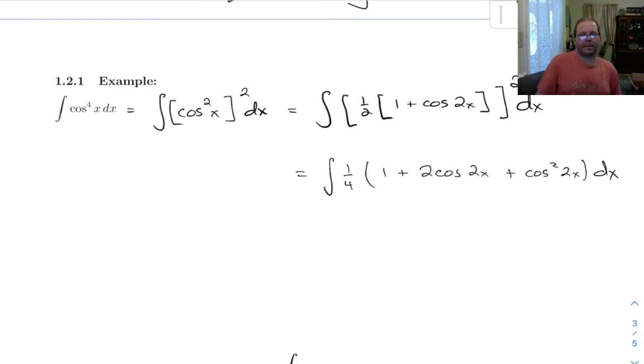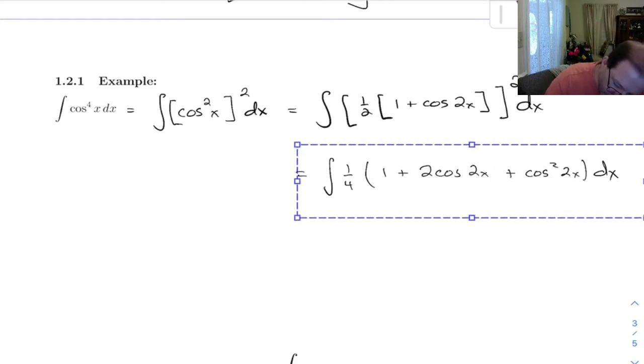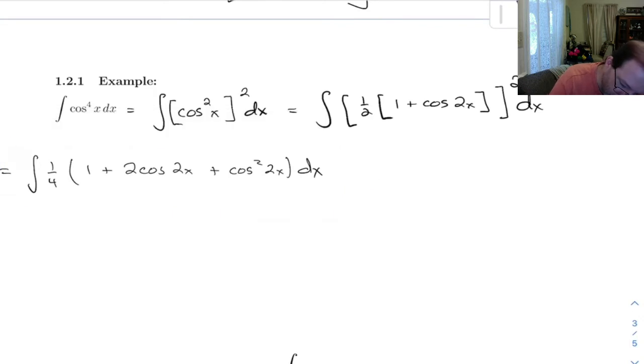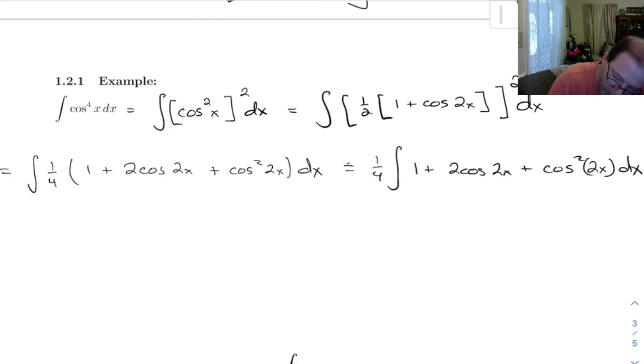So I can bring the 1/4 out front. Then I've got 1 plus 2 cosine 2x plus cosine squared 2x. This is easy to integrate, this is easy to integrate. This, though, I've got to use the double angle formula again.